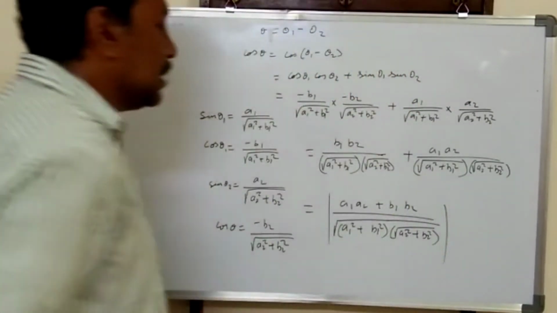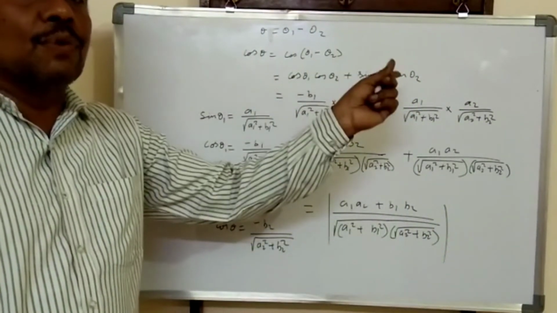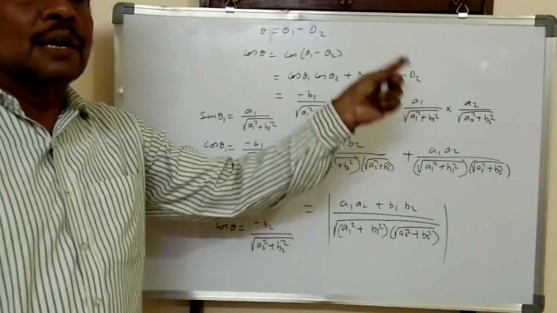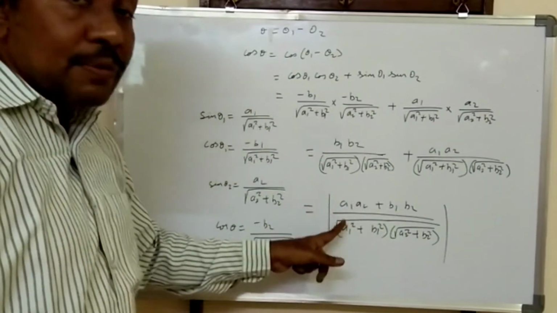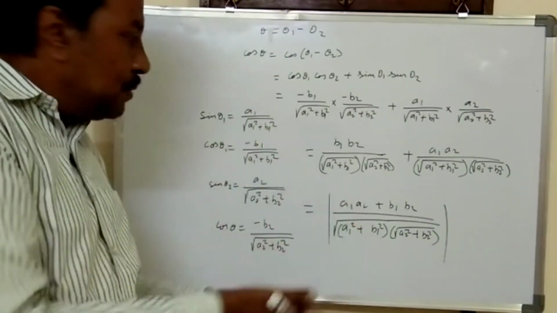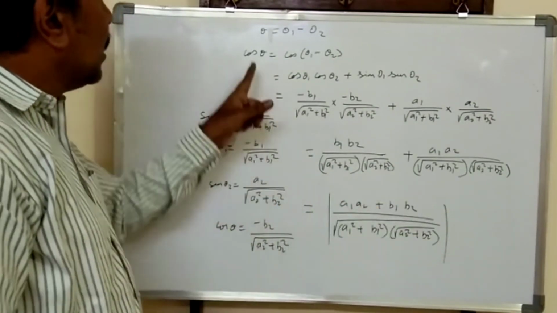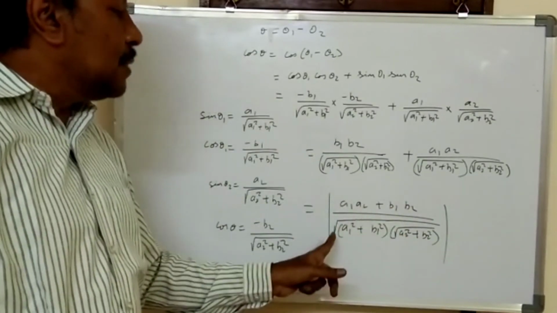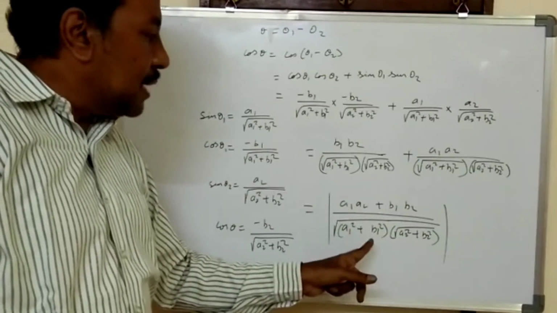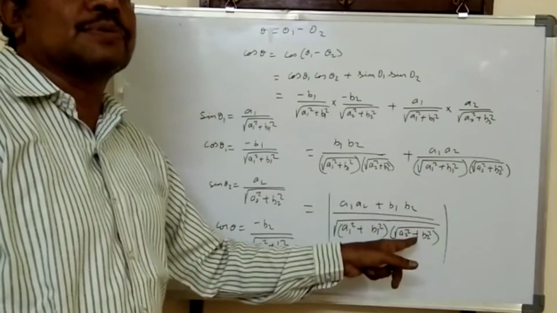You can keep modulus. Why? Because it lies in the first quadrant. In the first quadrant, cos is always positive. If you get a negative value, to convert it into positive, we keep this modulus. So finally, cos theta is equal to a1 a2 plus b1 b2 by square root of a1 square plus b1 square into square root of a2 square plus b2 square.